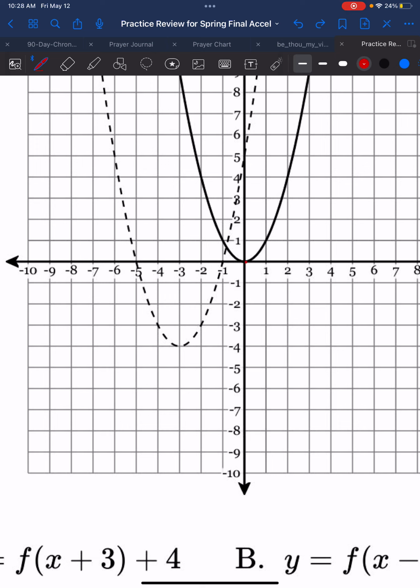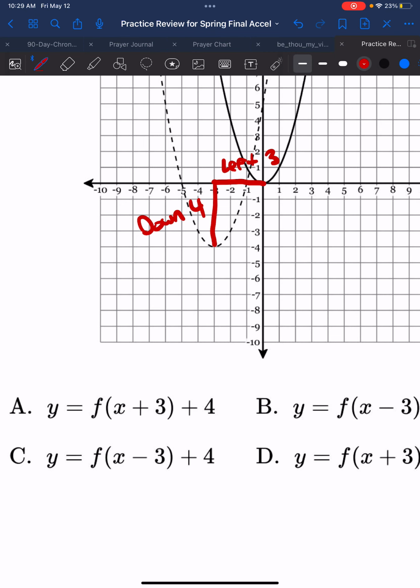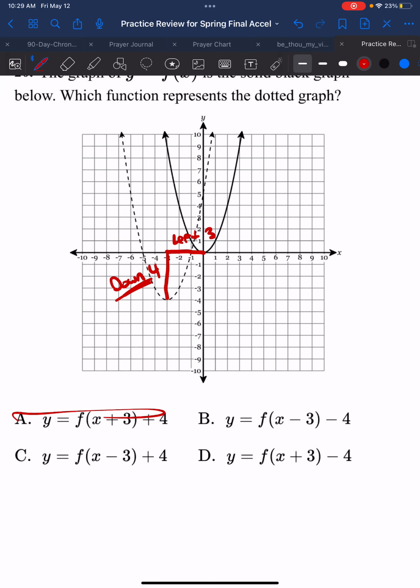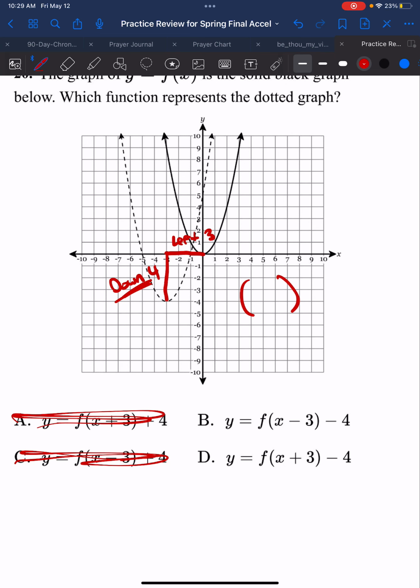So my vertex moved to the left 3, and then it moved down 4, okay? So when I look at that, what I'm looking for is, how do I do that? Remember, the number at the end moves it down 4, so I'm looking for a -4 at the end, so that eliminates these two. And remember, my big key is that parentheses are liars.